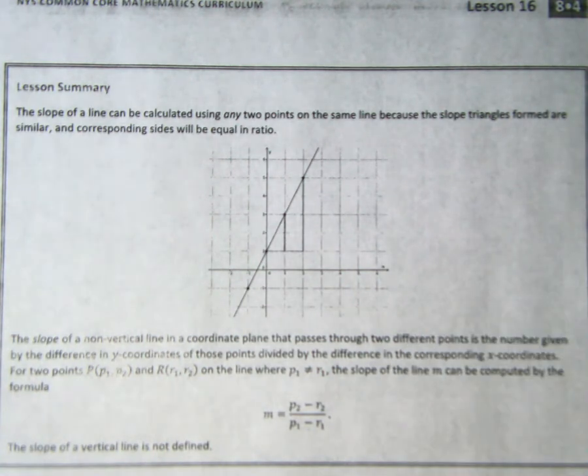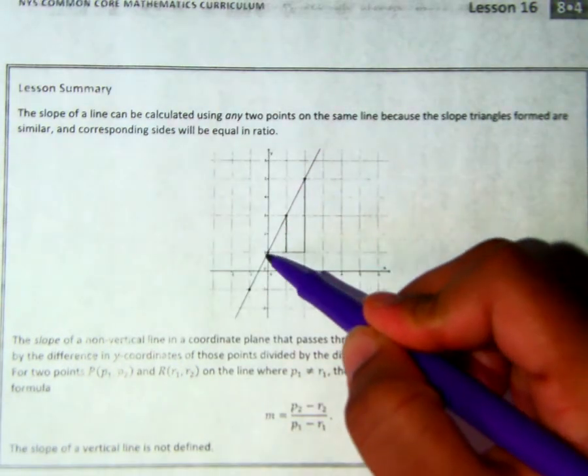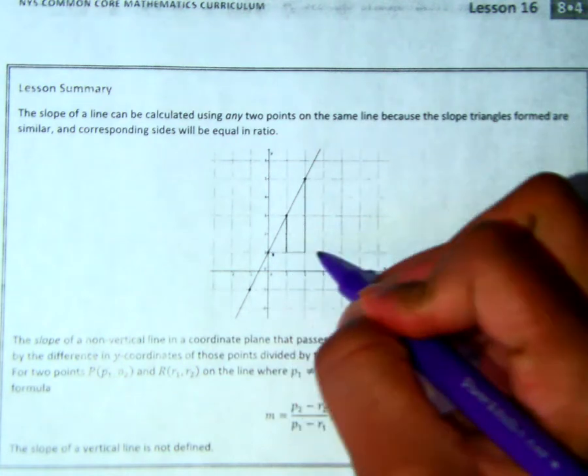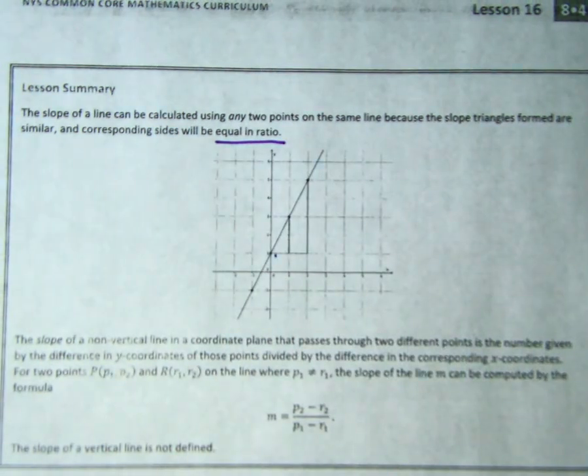Why can we do this? What tool can we use? Type your answer in the box. Hopefully you said the tool we can use is similar triangles or slope triangles. I'll take either of those answers. When we move from one point to another on the line, we form these similar triangles that are going to be equal in ratio.